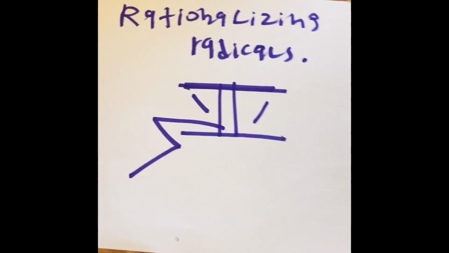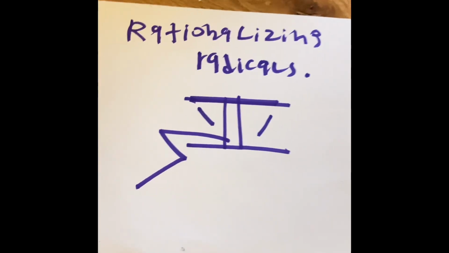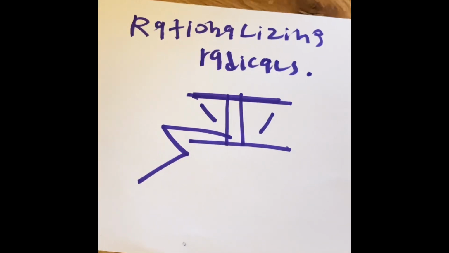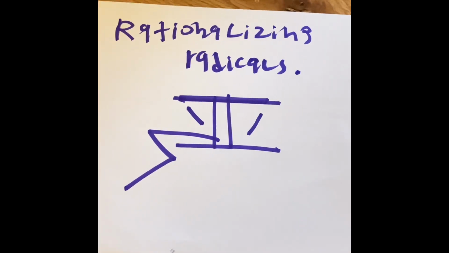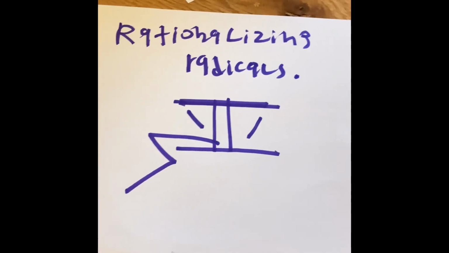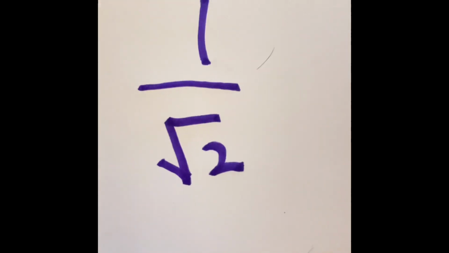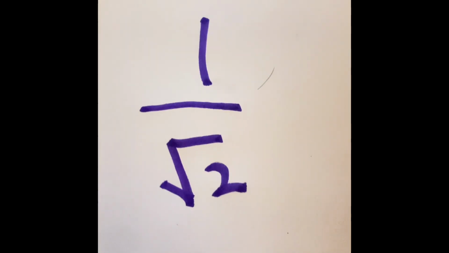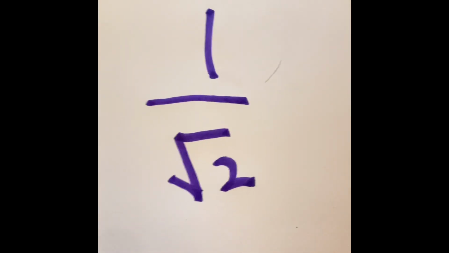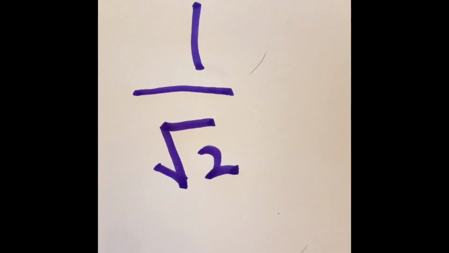So, if you ever watched some math videos on YouTube, or some videos on radicals before, the question is, why do we rationalize the radical?